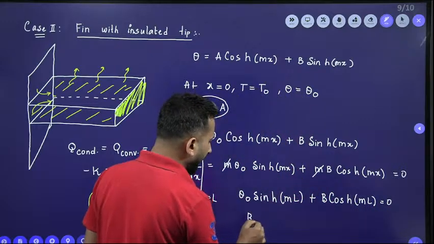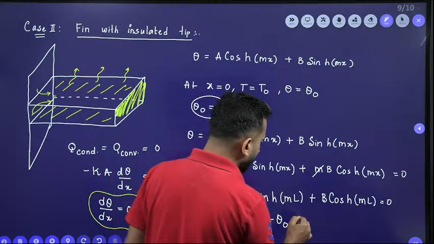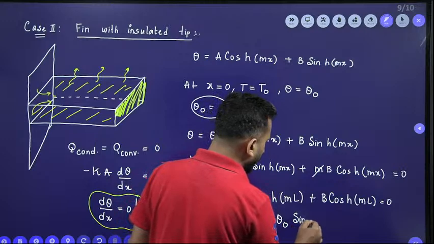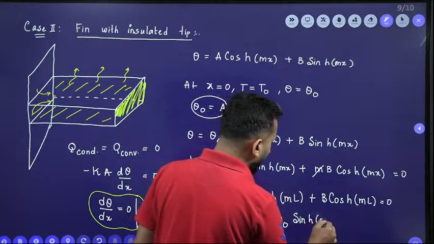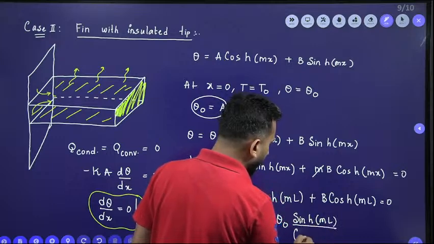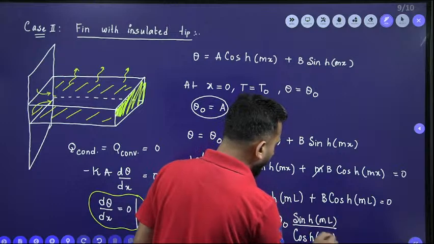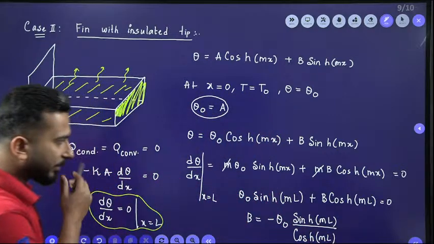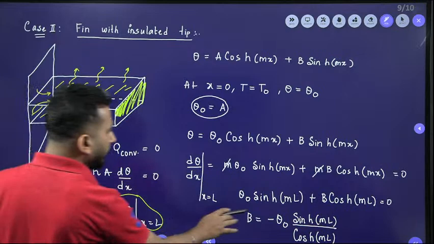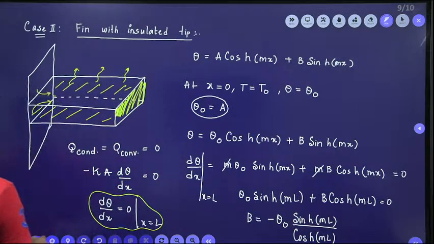So b I can write minus theta naught sin h ml divided by cos h ml. Obviously you can write tan h ml also, that is not the case. But as of now I have got the value of b, and I am writing theta.